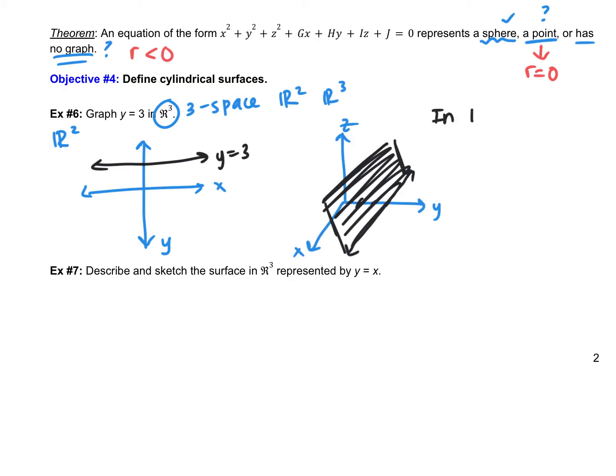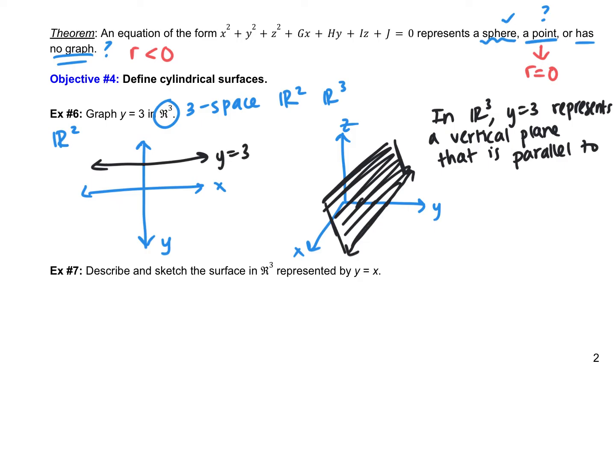So in words, we would say in 3 space, y equals 3 represents a vertical plane that is parallel to the xz plane and 3 units to the right of it. So hopefully you can picture that. My drawing is not amazing.